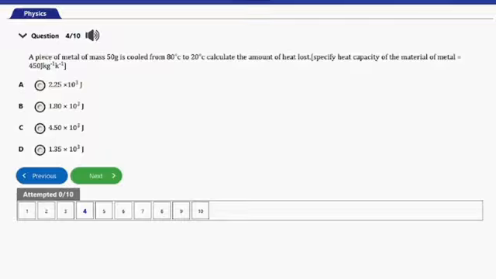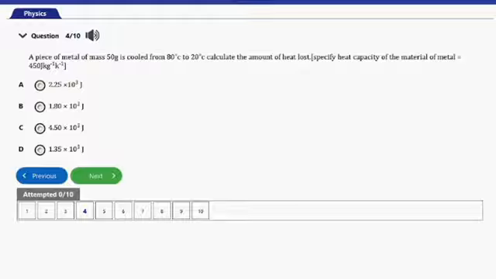So we have the specific heat capacity of the material to be 450 joule per kilogram per Kelvin. So guys, all we just have to do here is to first of all get the formula for this question.